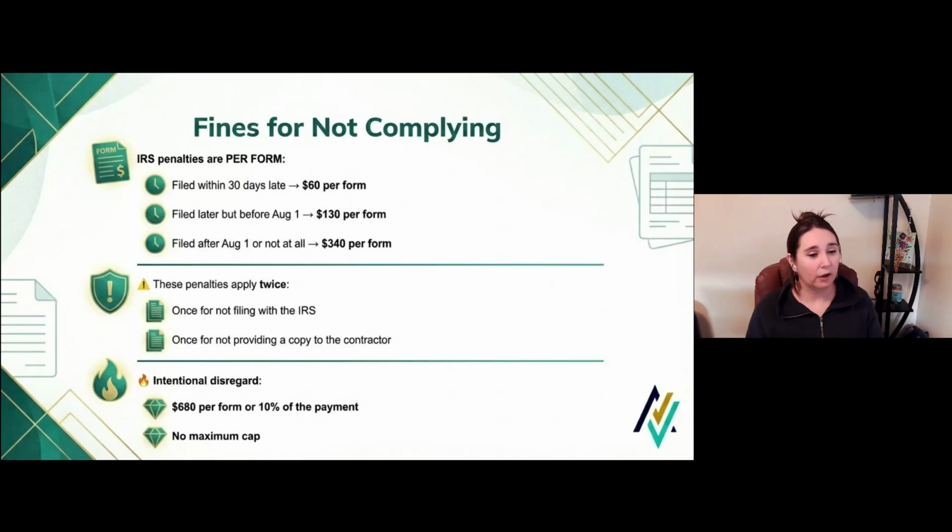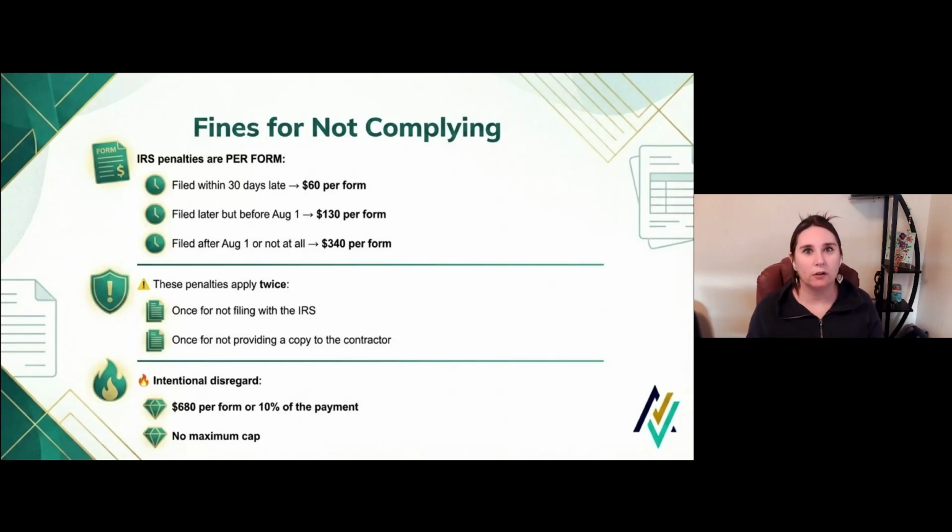Right now, if it's within 30 days, after 30 days of the filing deadline, it would be $60 per form. And if it's later, $130. It's also against one for not filing with the IRS and one for not giving the form to the contractor or vendor. There's no cap on this, so it may or may not happen.